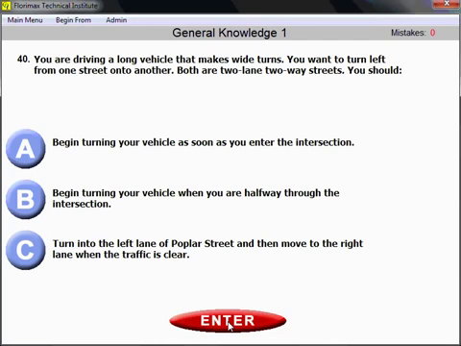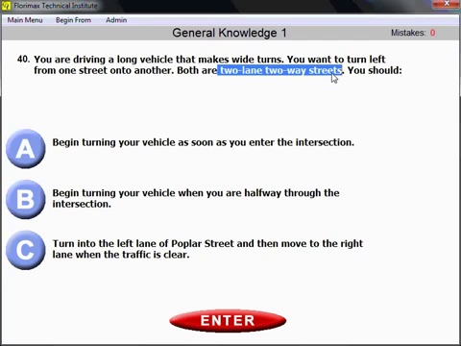Question number 40. You are driving a long vehicle that makes wide turns. You want to turn left from one street onto another. The street you are driving on is a two-lane, two-way street, and the street you need to turn into is also a two-lane, two-way street.